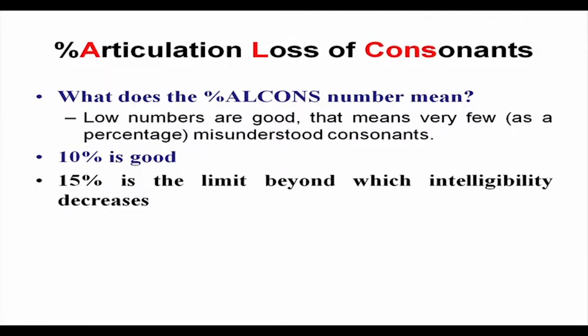Why do I say that some percentage loss of consonants is acceptable? In human speech there are a lot of consonant and vowel combinations, and not all consonants are that important to understand what the speaker is saying. Even in lectures or talks, if some words, syllables or consonants are dropped, you can still understand the speech.